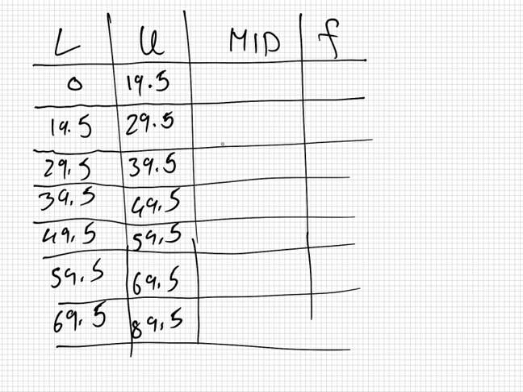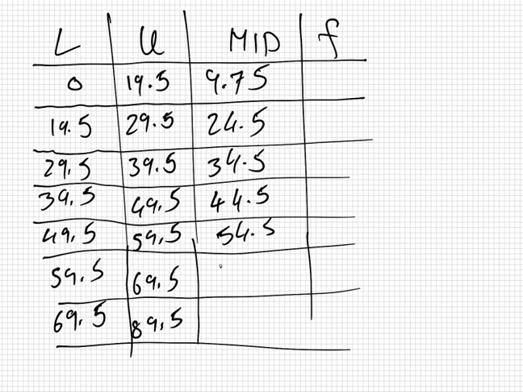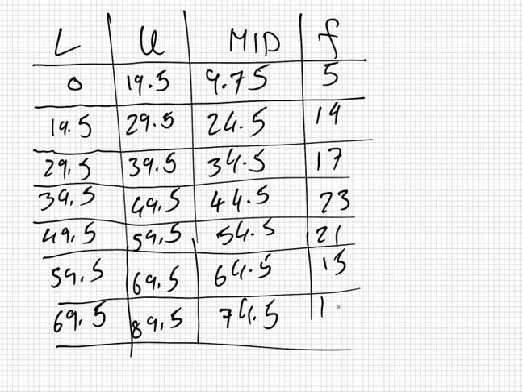So the midpoint, 0 plus 19.5 divided by 2, so that's 9.75. 29.5 plus 19.5 divided by 2, so that's 24.5. 34.5, 44.5, 54.5, 64.5, and 74.5.